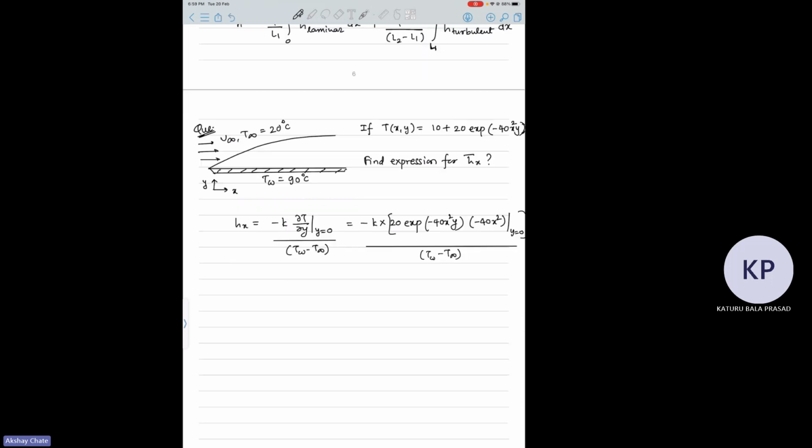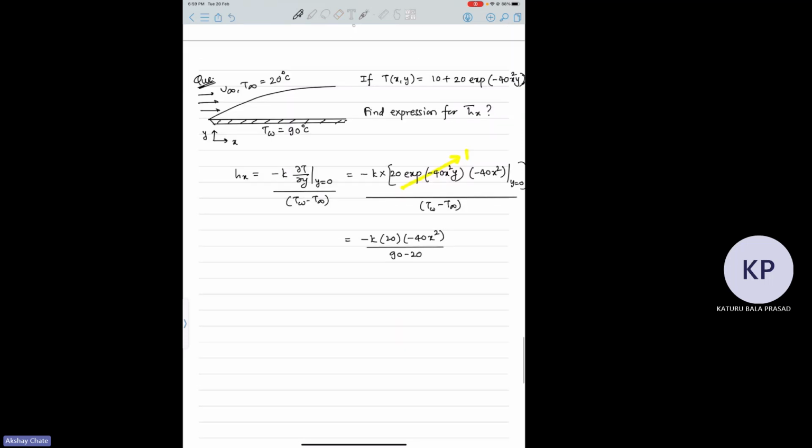So when you put y equal to 0, this term goes to 1. So what you are left with is minus k into 20 into minus 40 x square, and this T wall minus T infinity is nothing but 90 minus 20, so this is 70.